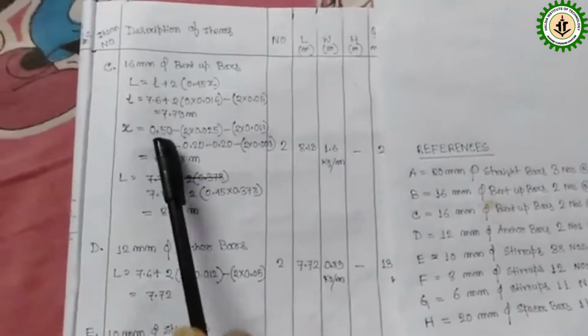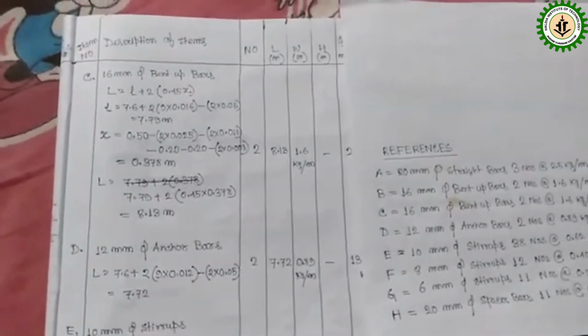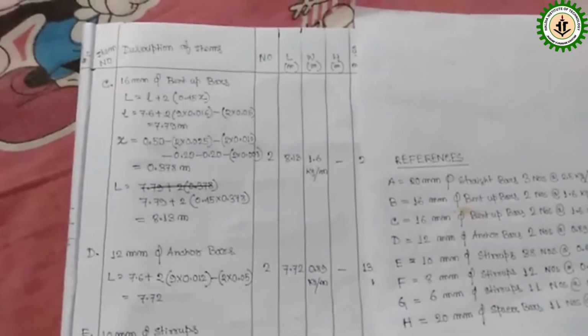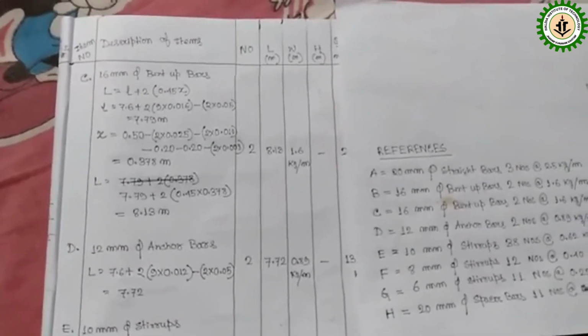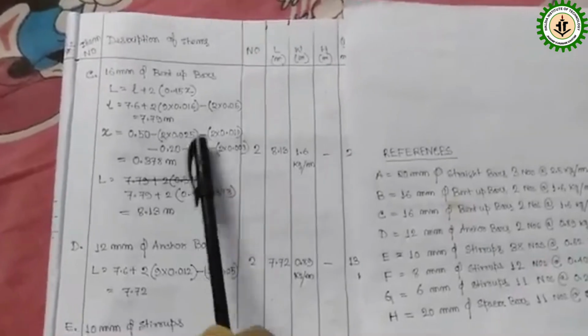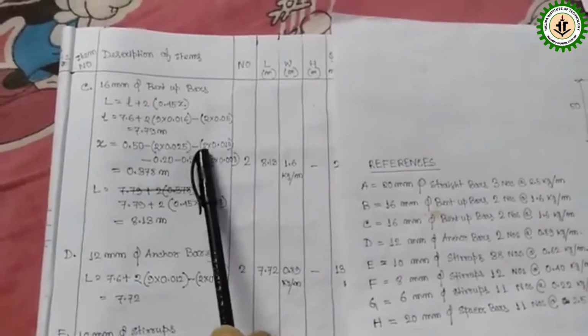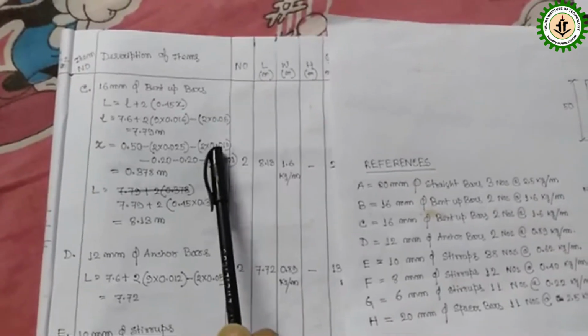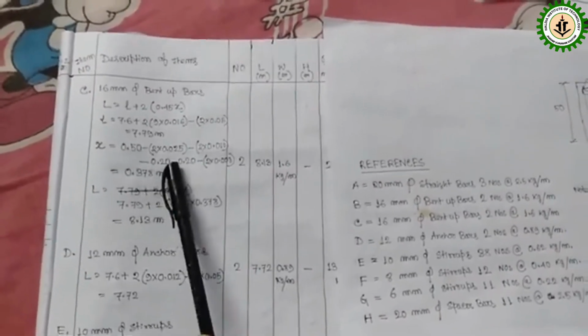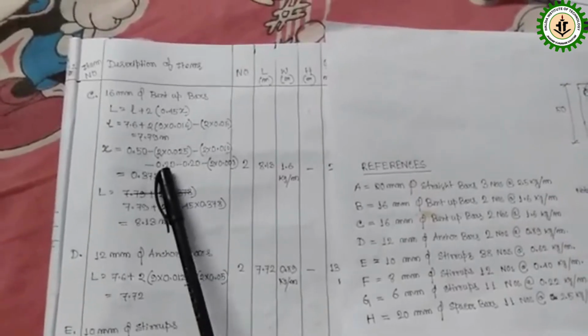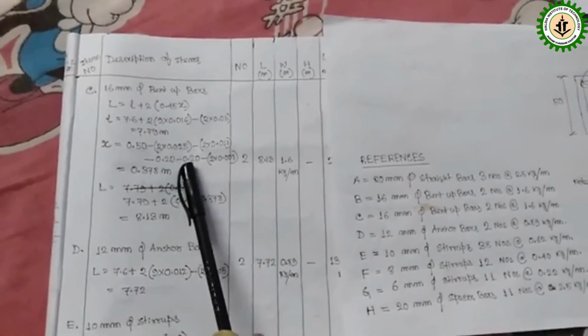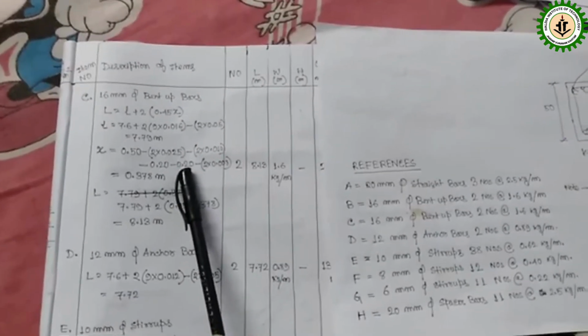from the bar. So the length of x will be 0.50 minus for cover area 2 into 0.025 minus for the dimension of the diameter of the stirrup bars 2 into 0.010 minus, that is the straight bar provided in the single end, and that is the spacer bar provided between two bent up bars.